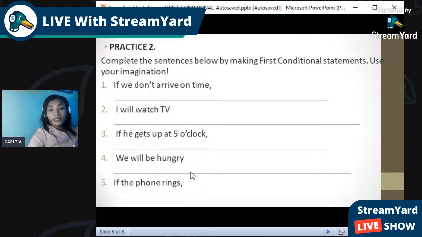We will be hungry if we, and then continue, if the phone rings. Okay, it, or you can have another subject. If the phone rings, we, or we will buy, something like that. So use the modal.